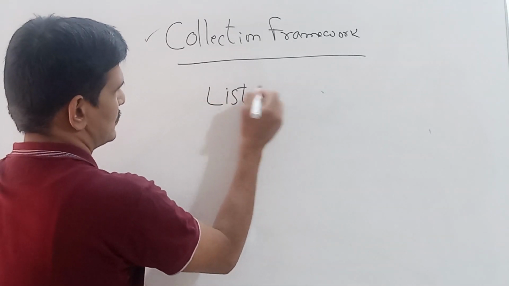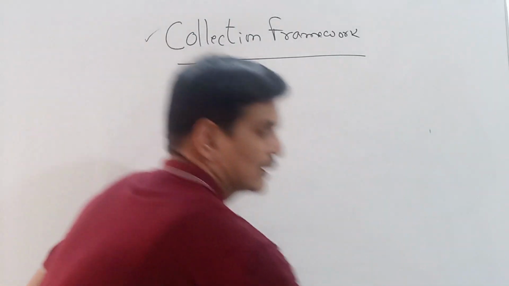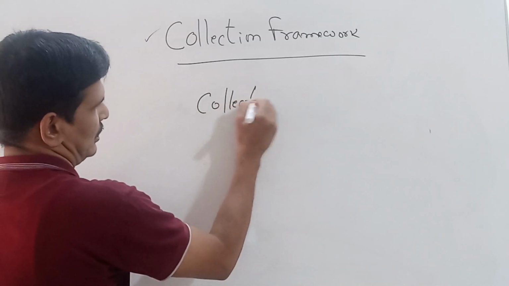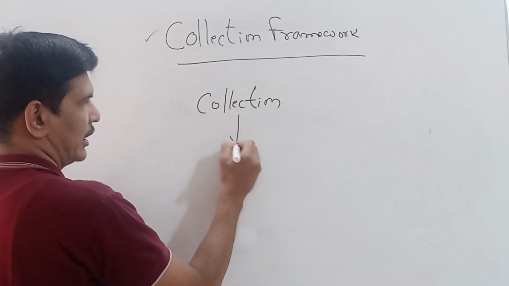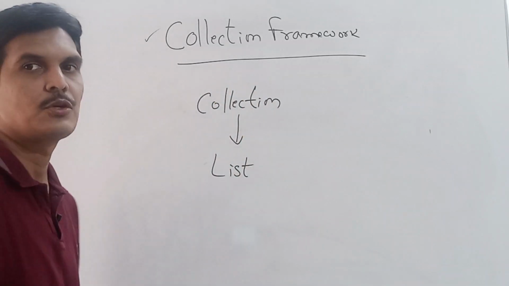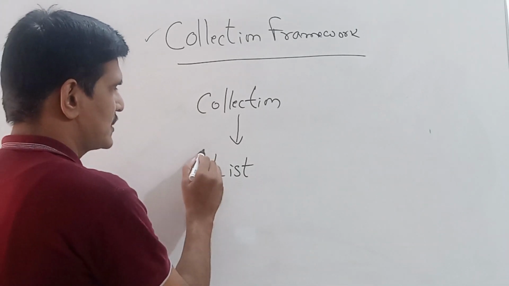List is an interface which is a child interface of the Collection interface. The root interface is Collection, and List is its child. What exactly does List mean?